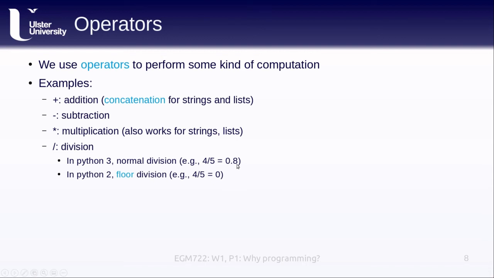In Python 2, this defaulted to something called floor division, where instead of giving a floating point number back, it gives an integer value back, and it just truncates the result before the decimal point. So if you have something like 4 divided by 5 or 1 divided by 3, the result is going to be 0. For the most part, Python 2 is gone.